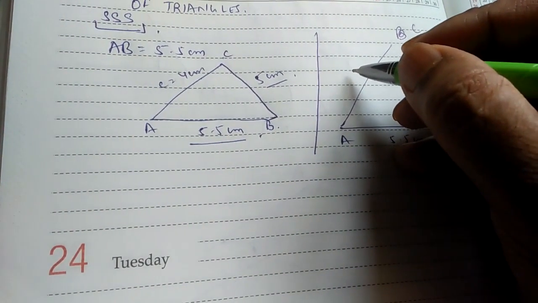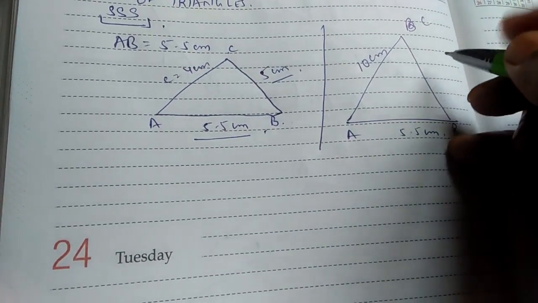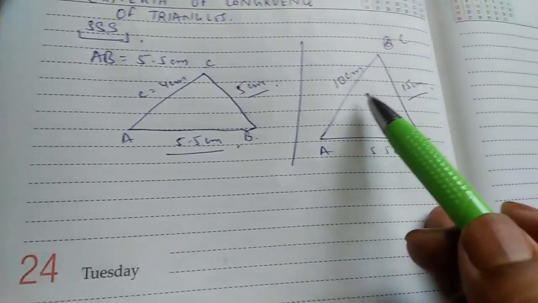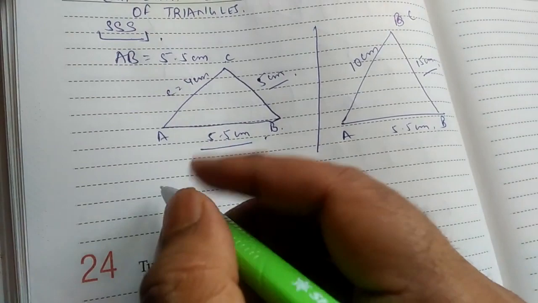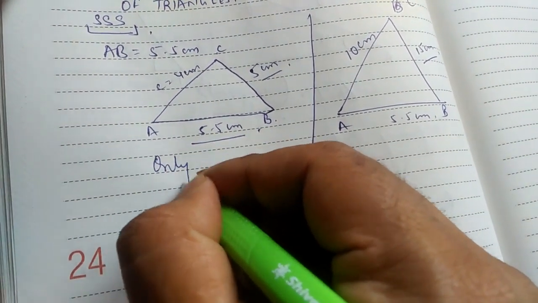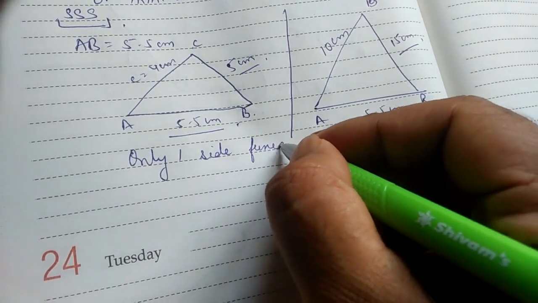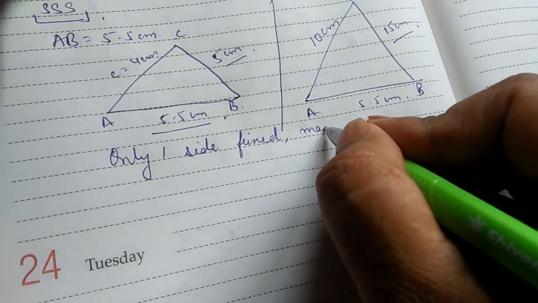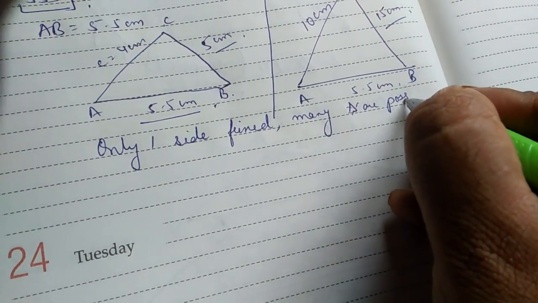CA can be equal to 10 centimeters. This may be equal to, let's say, 15 centimeters depending on CB. So the point is, if we have only one side fixed, many triangles are possible.